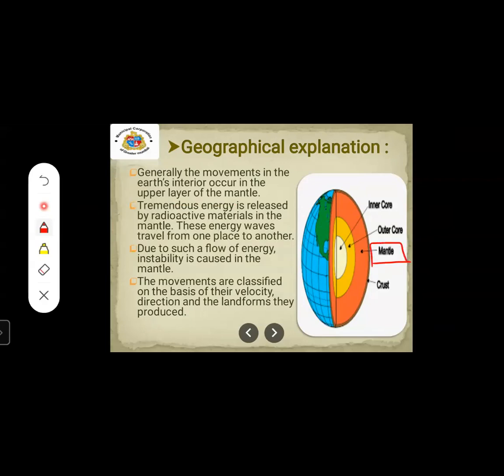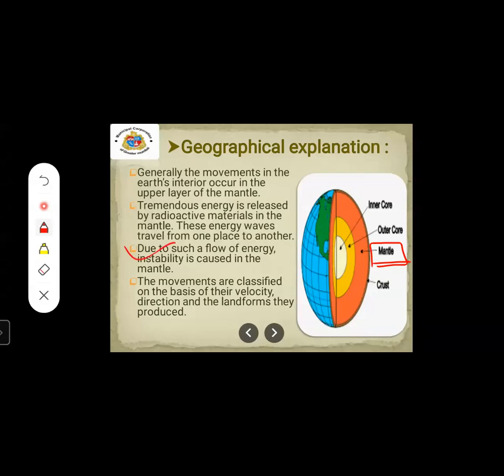Only in this portion the movements occur, and the energy which is released by radioactive material in the mantle, means in the mantle there is tremendous energy which travels from one place to another, and due to that energy, students, these movements we can see.